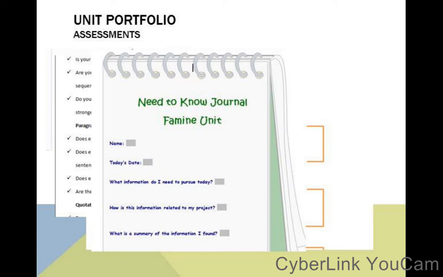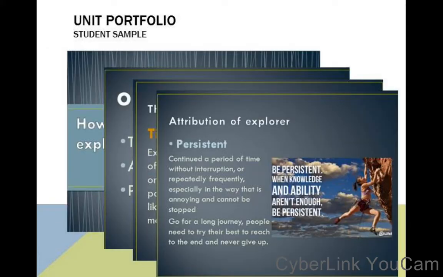The assessments are used throughout the course to help students assess themselves and for the teacher to probe students' understanding. The samples are presentations, which give students an example for their PowerPoint and presentation at the end of the course.